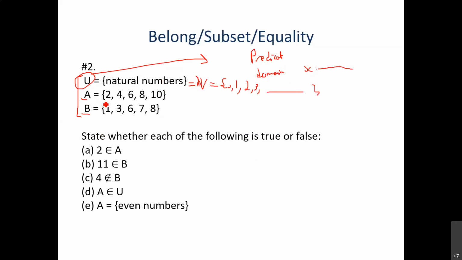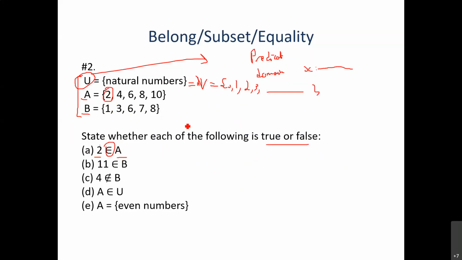We have A is 2, 4, 6, 8, 10. B is 1, 3, 6, 7, 8. Which of the following is true and which is false? Does 2 belong to A? So this symbol is for belong. Does this element belong in this set? Yes. I can see it right here.